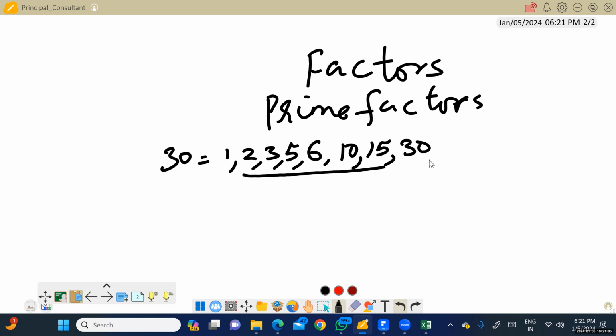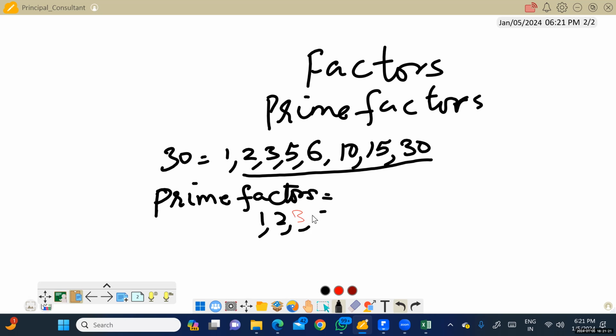All these numbers can divide 30. But if I say prime factors of 30, then 2, 3, and 5. These are the prime factors because these are the only prime numbers which can divide 30.